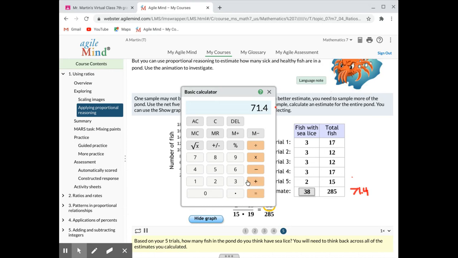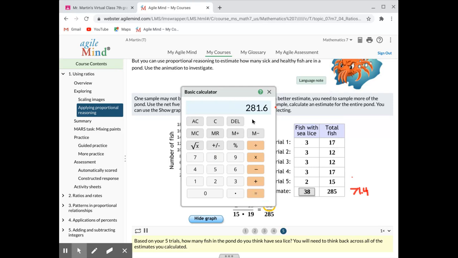And we had 2 of those. What do we have for trial 2? 50.4. Good. Did we have that twice? Yes. And then our last one for trial 5, what was our estimate? 38.